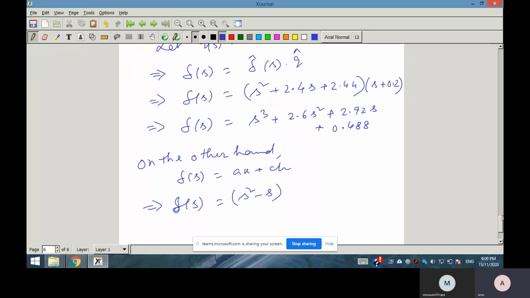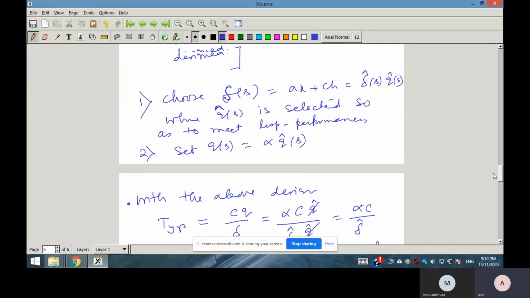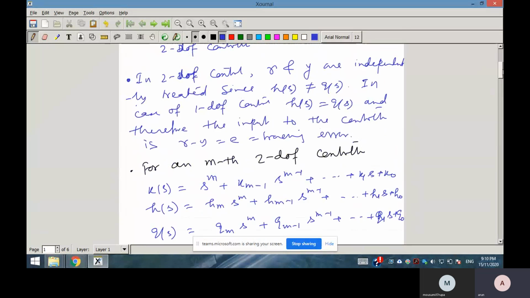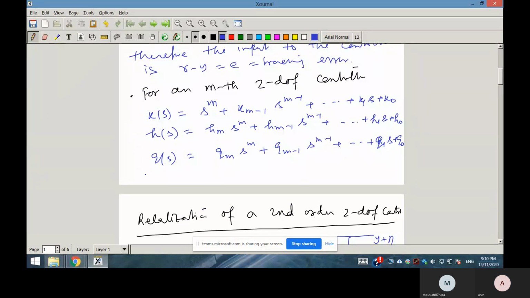So here I should write a minimal order, minimum M should be equal to N minus 1, where N equals plant order. That we have seen in case of 1 degree of freedom control.